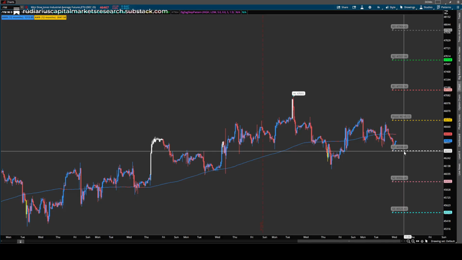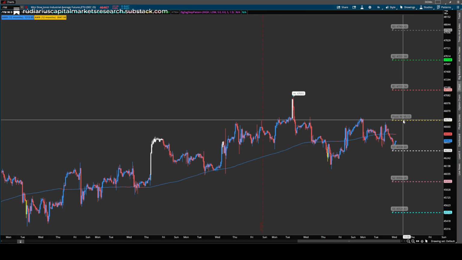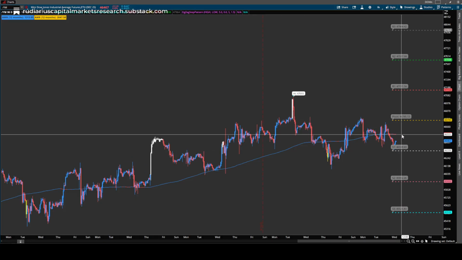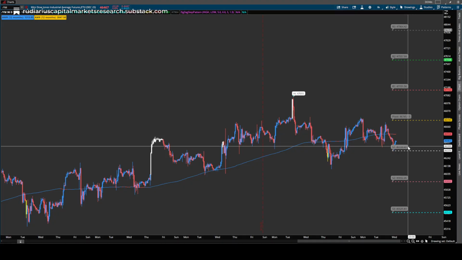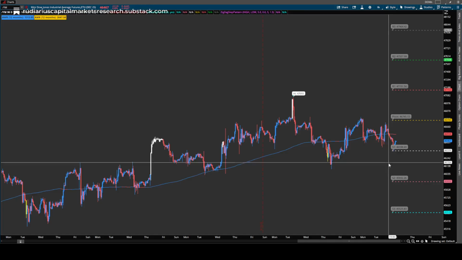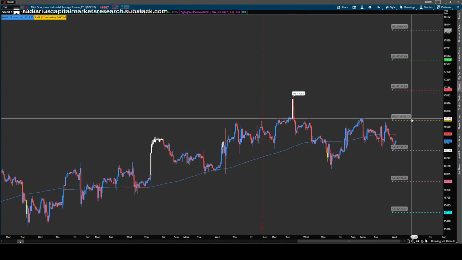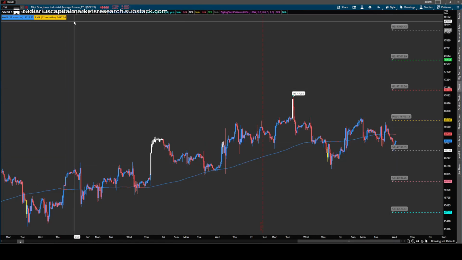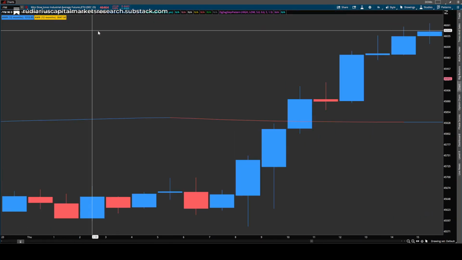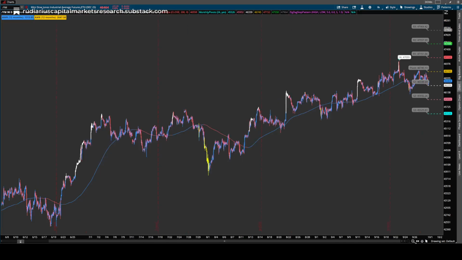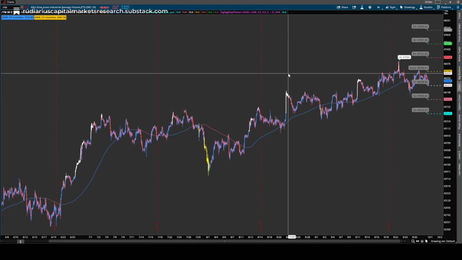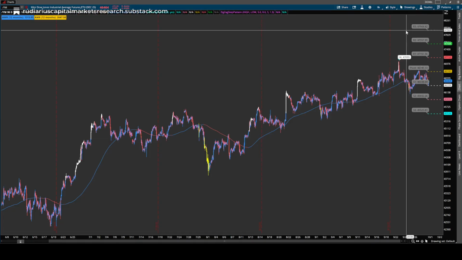In between each level, we've got about 407 points, 407 handles. So just call it 400, it's easier. You get an expected monthly range of 2647.58. So we'll call that 2,648 handles for the month.